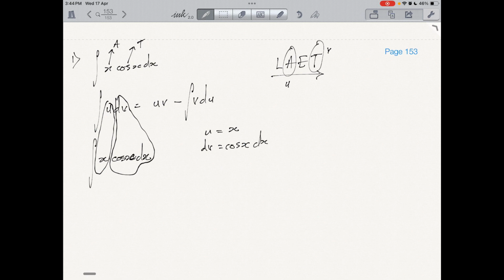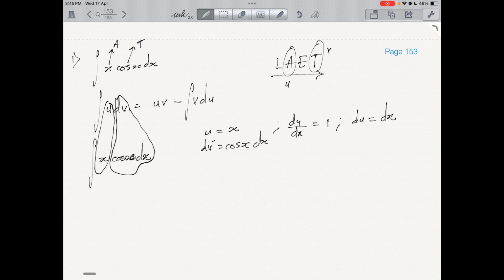And from our formula, we are going to need du and we are going to need v. So let us evaluate du/dx. du/dx, when u is equal to x, is equal to 1. Therefore, du is equal to dx.